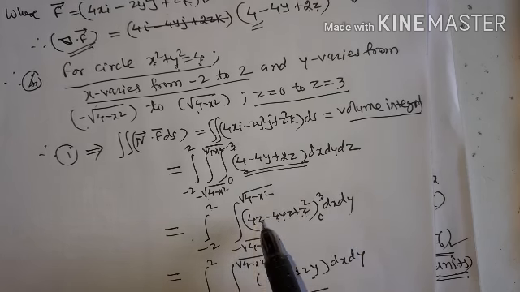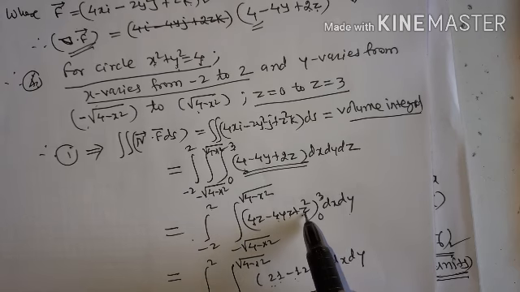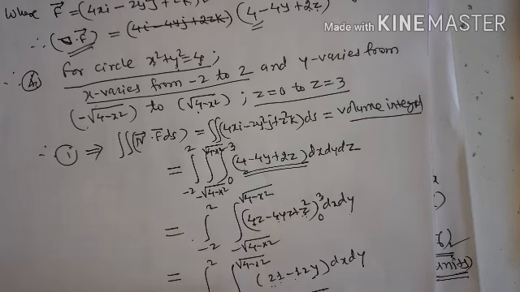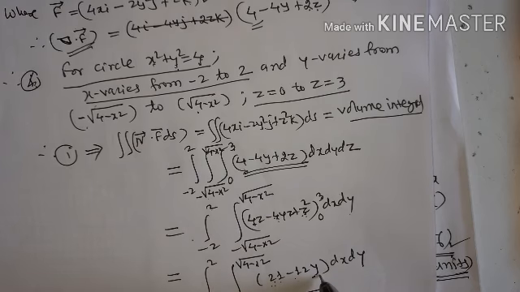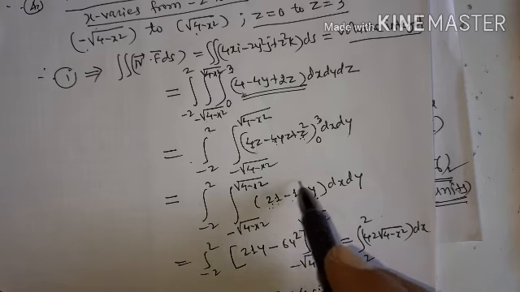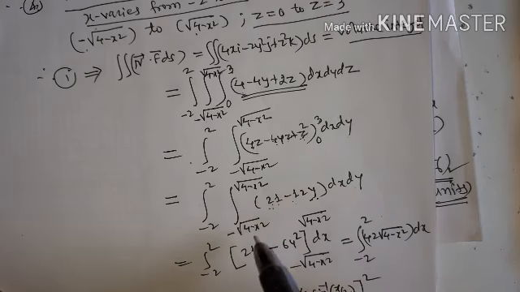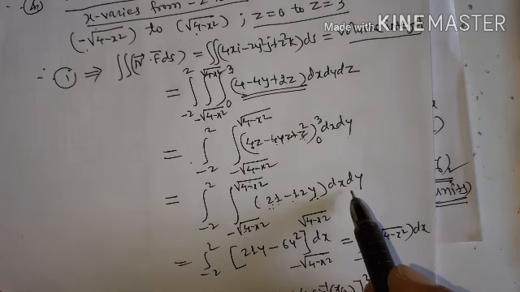If I put the upper limit, 4 into 3 is 12, then z square is 9, 12 plus 9 is 21, and minus 4yz means minus 12y. Then I integrate this term with respect to y, because the limits for y are in terms of x. So this is the order of integration.